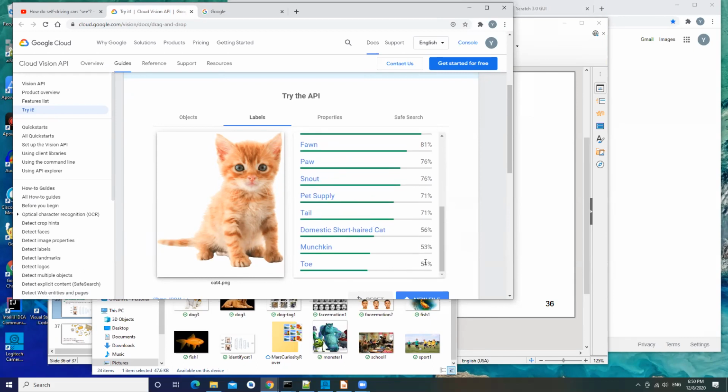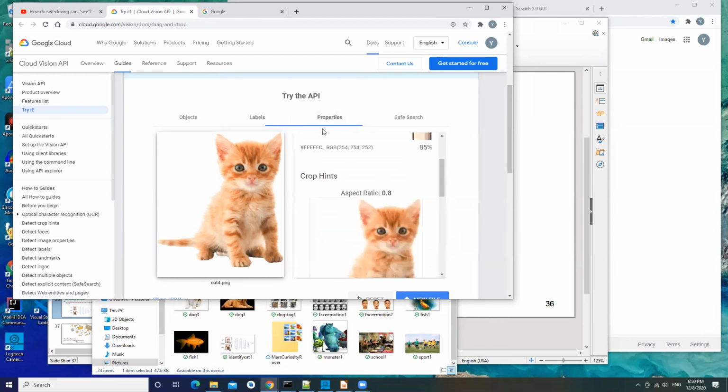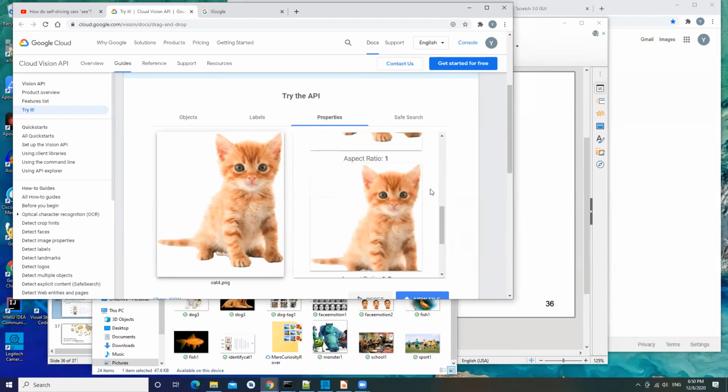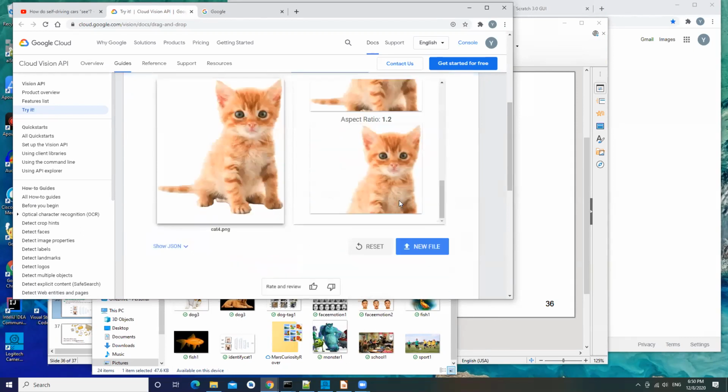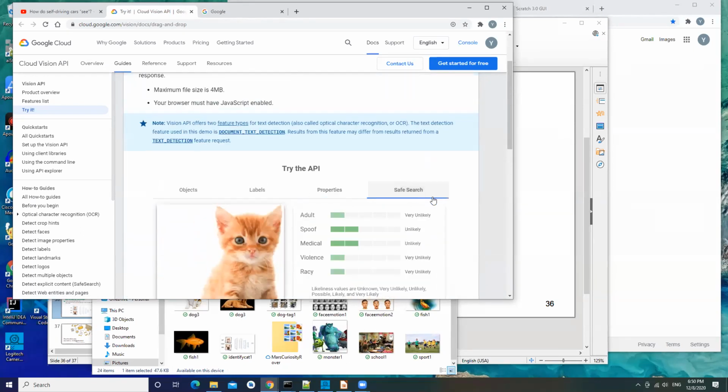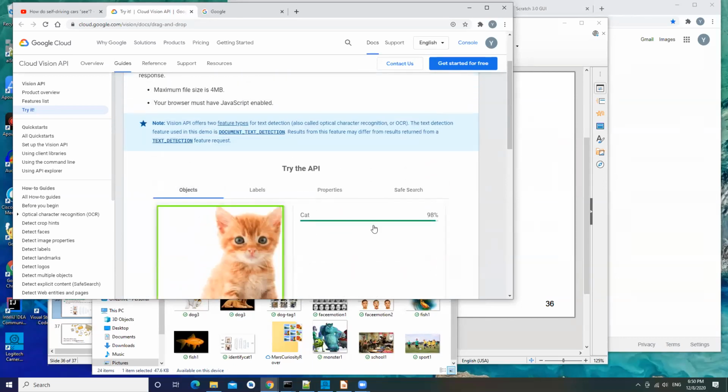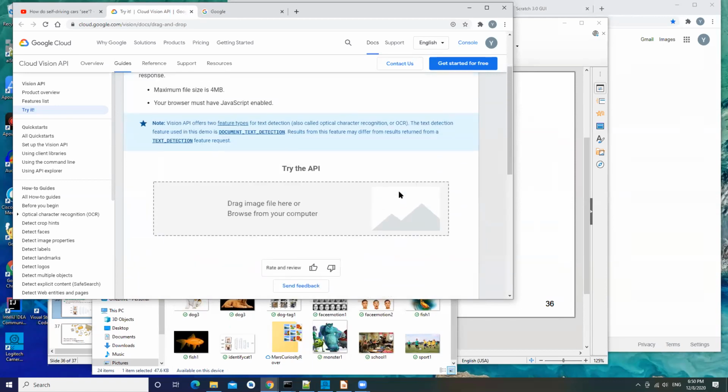And if you see, sometimes they give you the information that says 51%. So that means they are not 100% sure, but they show it to you anyway, right? Okay, and of course you can also check the properties, something like this. What's a different ratio? And safe search. That's different. Okay, I won't go into that. Now let's reset and try one more.